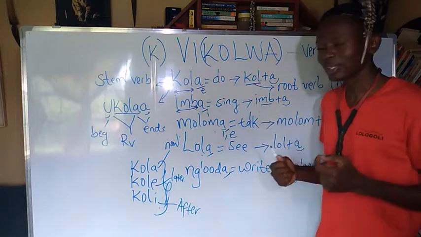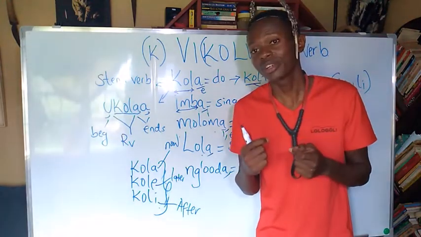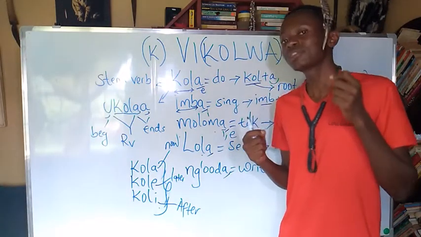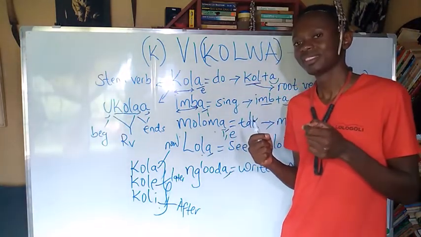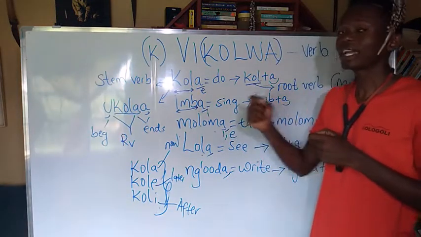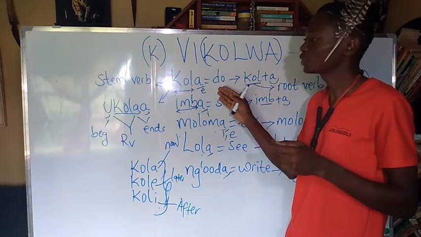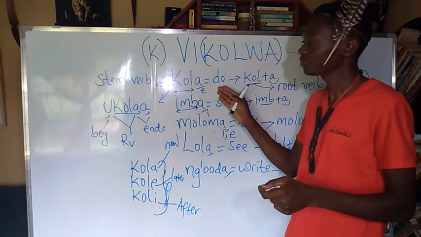And it is very important for any writer or any student of Lulogooli to know what root verb to propagate in cases of conjugation. We will be knowing what conjugation is in our next lesson.